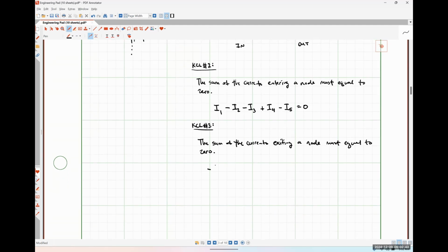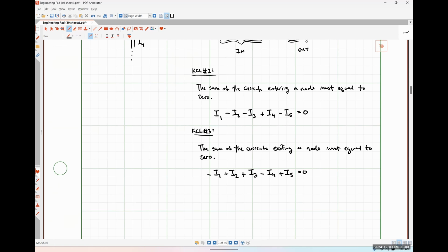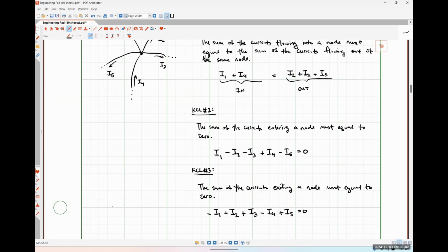So that would be negative I1, because negative I1 is exiting, plus I2, because I2 is exiting, plus I3, because I3 is exiting, minus I4 plus I5 is equal to 0. And this is the exact same thing as the expression above, except everything is multiplied by a factor of -1 because we chose the opposite direction as our reference, okay?